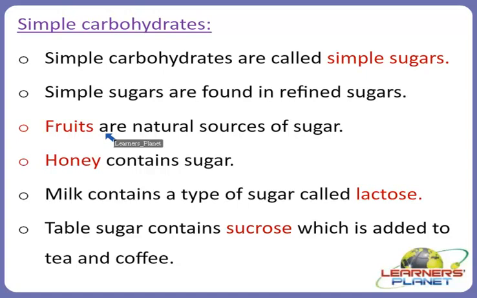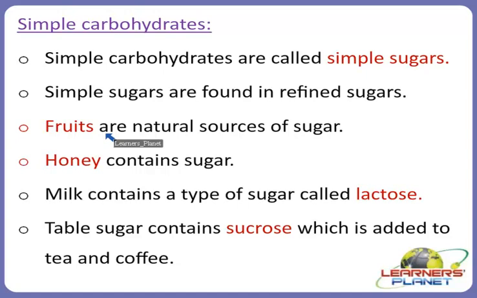Because sugar is not added to these foods, and they also contain vitamins, fiber and important nutrients like calcium. And as you know, calcium is very important for our bones and also for teeth formation, right? So students, a lollipop also contains simple carbohydrate, but a lollipop has lots of added sugar.